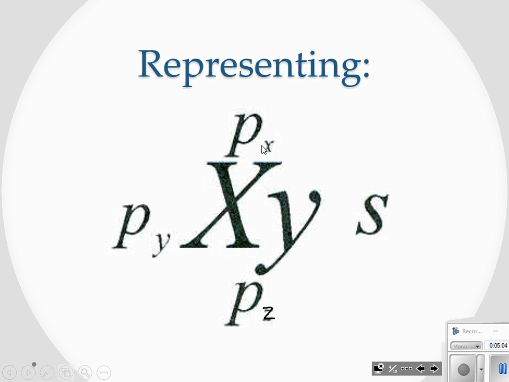How many can px hold? 2. How many can py hold? 2. How many can pz hold? 2. Now, I want you to jump back, because if you look at your numbering system, we went 1 here, 1 here, 1 here before we doubled them up.